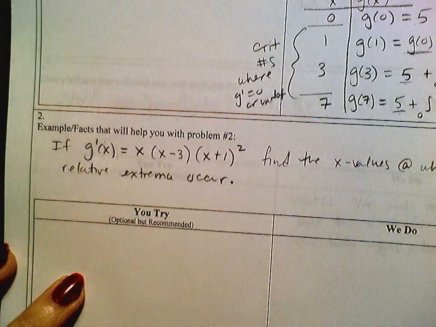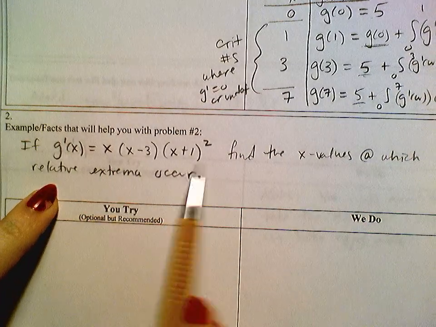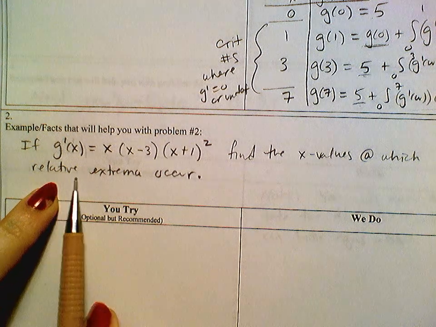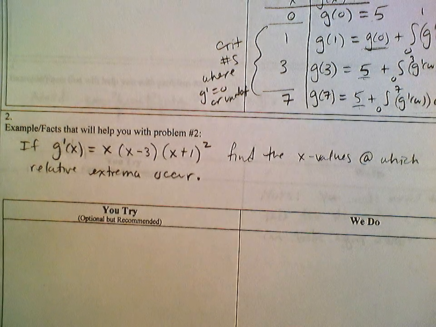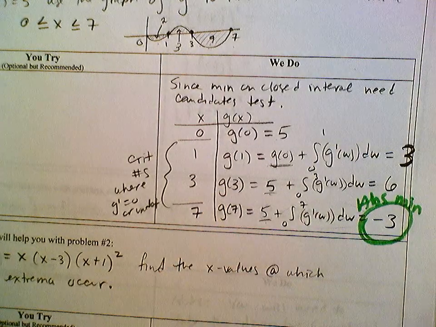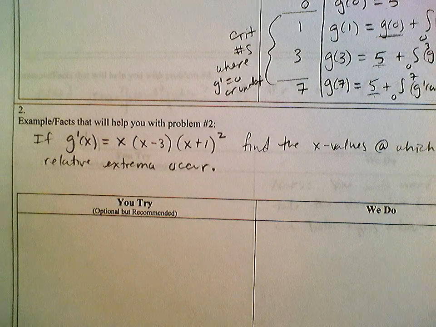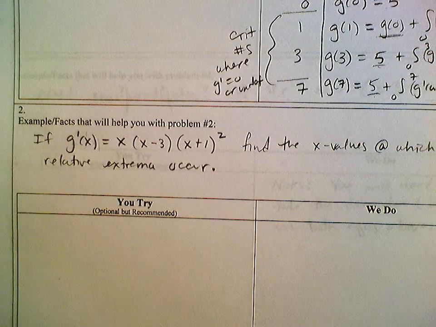So this next one. If g prime of x equals this, find the x values at which relative extrema occur. So absolute extrema, you need the candidates test. Relative extrema, you need a number line test, okay?